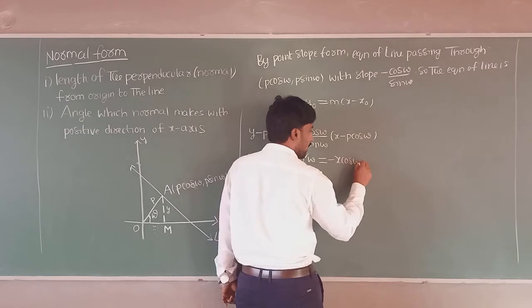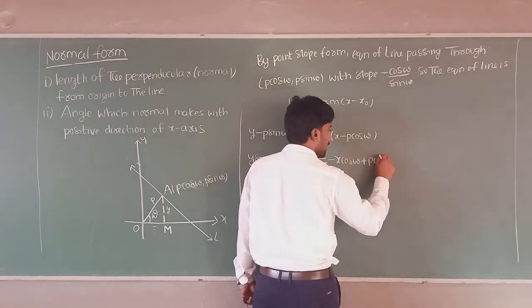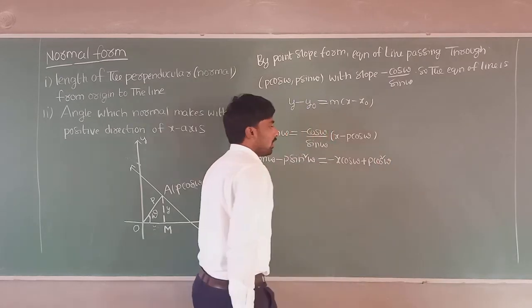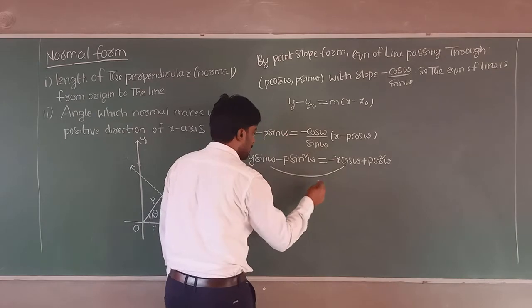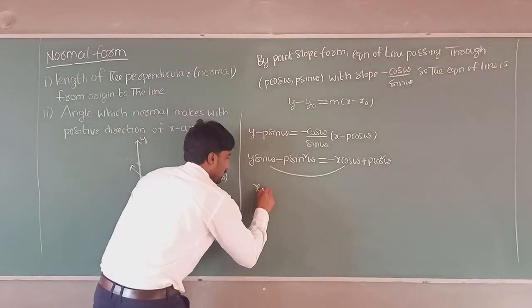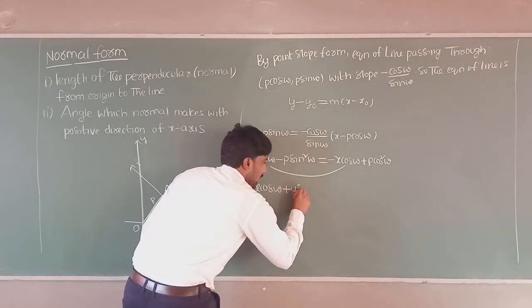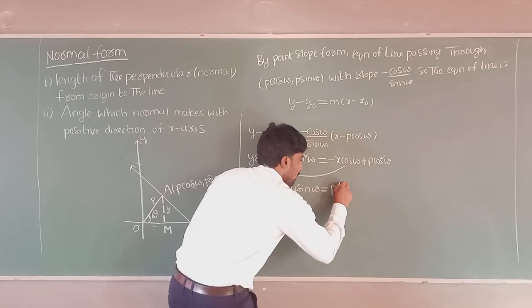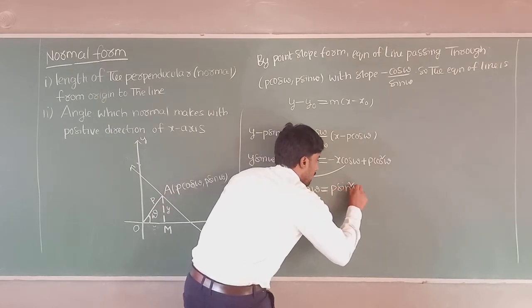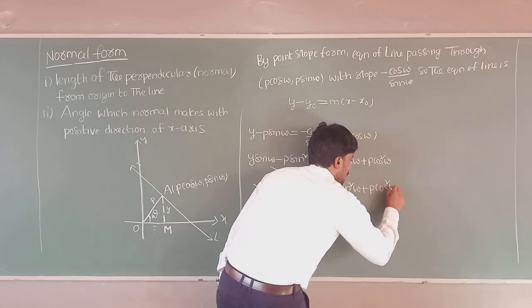Minus x cos omega plus p cos square omega. Okay. Now this minus x cos omega shift to this side, this one shift to that side. So what will I get here? X cos omega plus y sin omega, which is equal to p sin square omega plus p cos square omega.